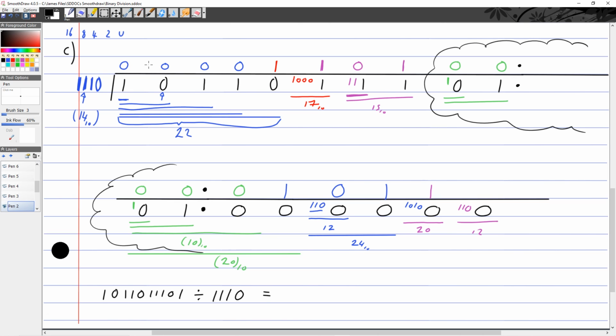We don't have to write leading zeros, so there's the first non-zero part of our answer. 1, 1, 0, 1, 0, 0. Point, so the decimal point was there, 0, 1, 0, 1, 1.